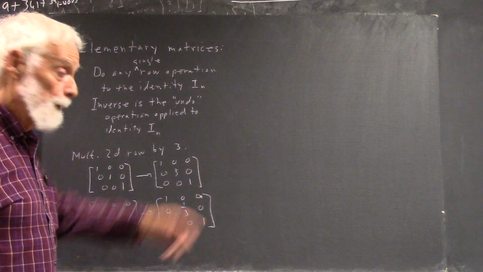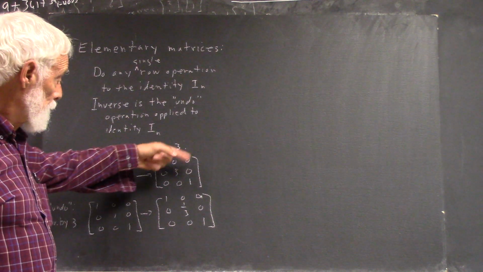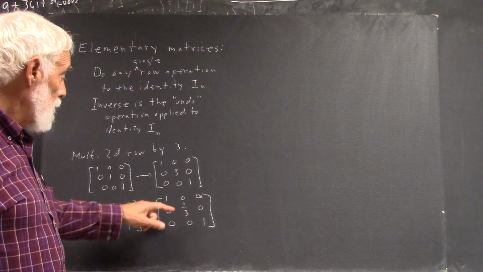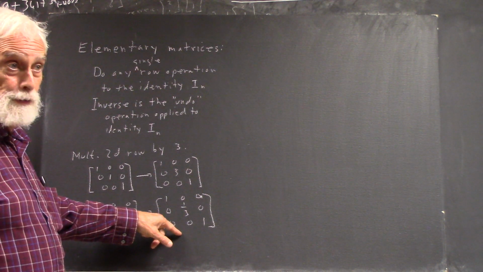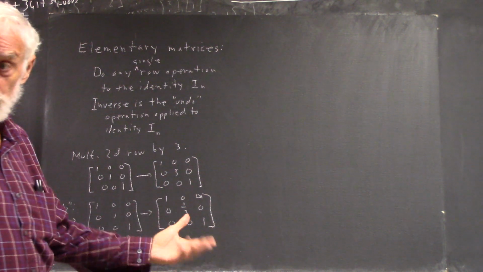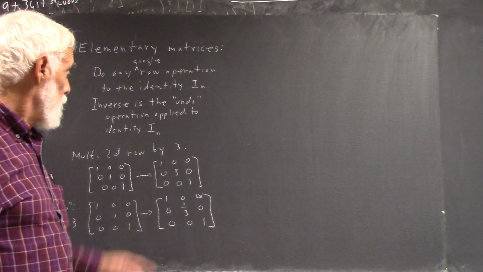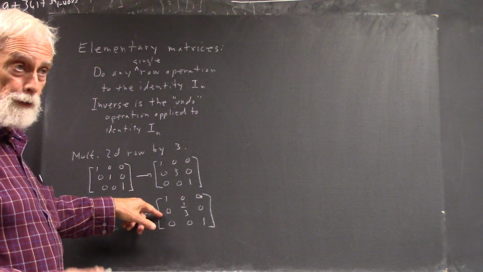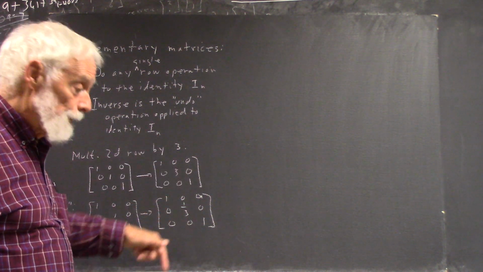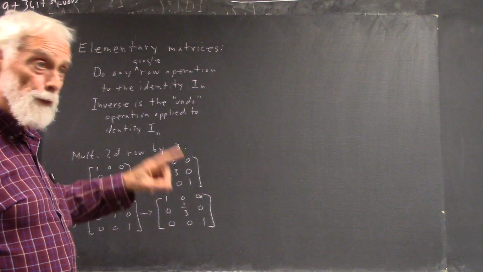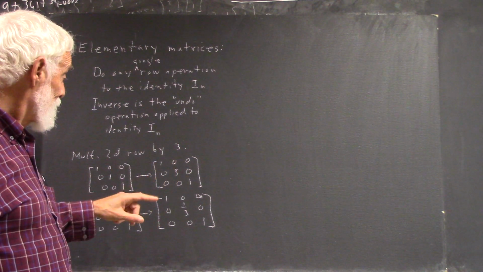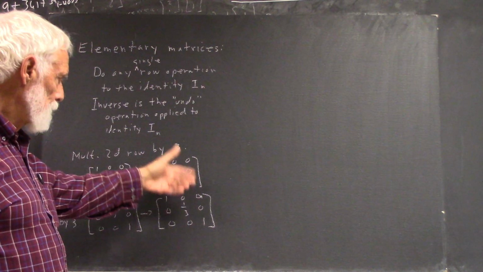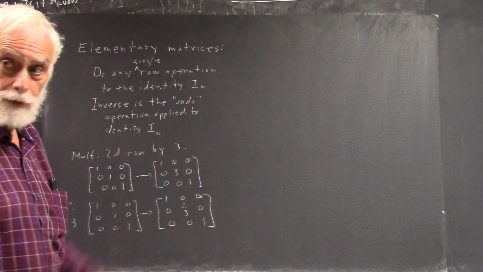Now if you multiply these matrices, 1, 0, 0 row times the 1, 0, 0 column gives you 1. 1, 0, 0 multiplied by either of the other columns gives you 0, because zeros are going to match up with the numbers that aren't 0. 0, 3, 0 multiplied by the first column, zeros match up with zeros, it's going to give you 0. Multiplied by the second column, the 3 is going to match up with the 1 to give you 1. And the third column, zeros match up, it's going to give you 0.